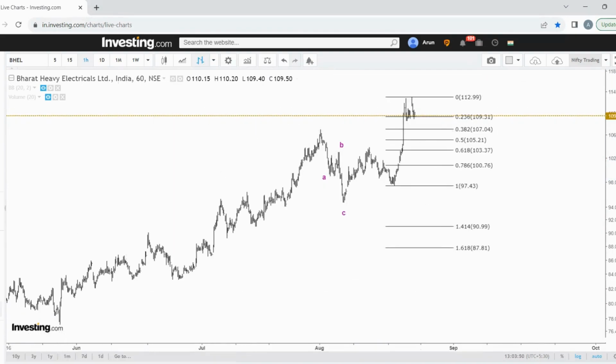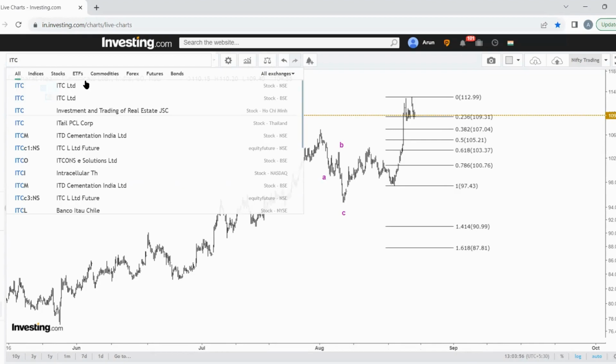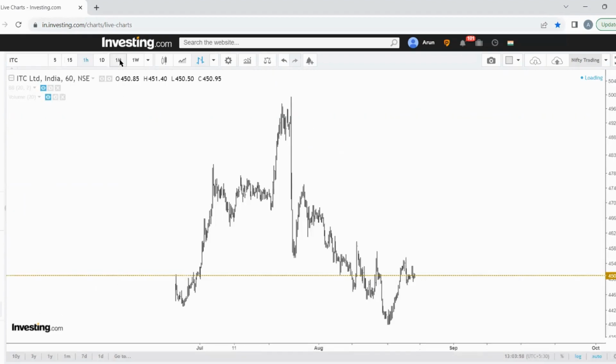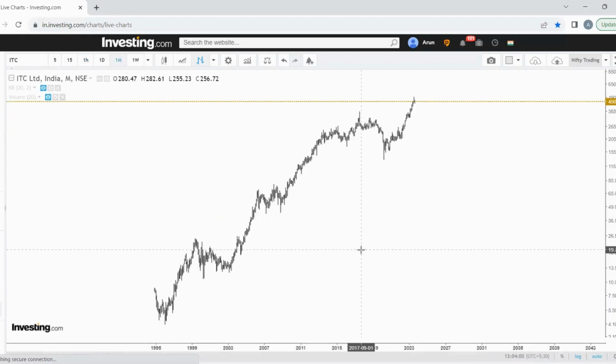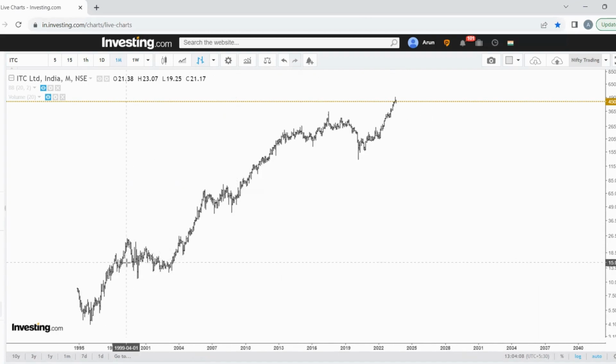So the next stock is ITC. Actually, I analyzed ITC and posted on Twitter 2 weeks before, but okay. Now, this is the monthly chart of ITC. 2, 3, this sideways is 4 and 5.